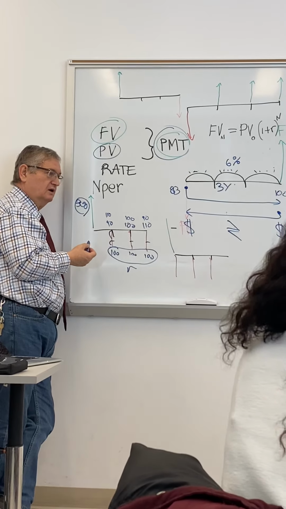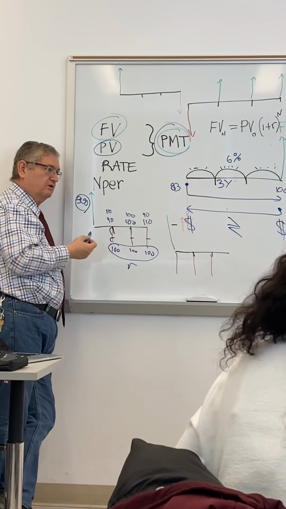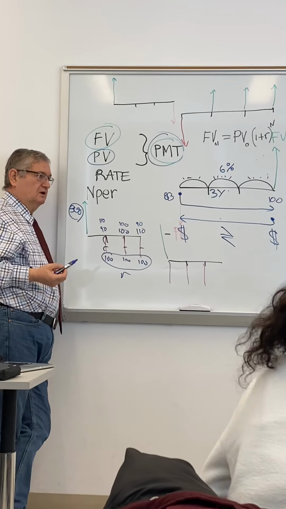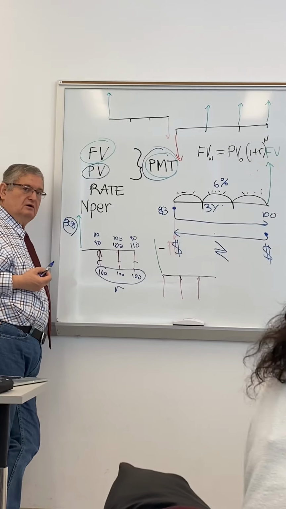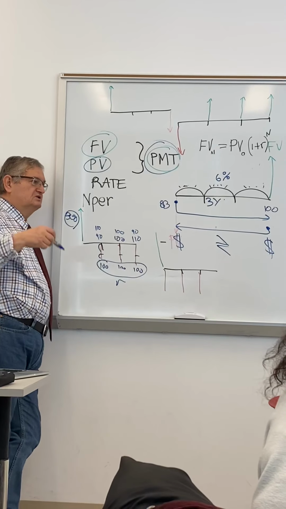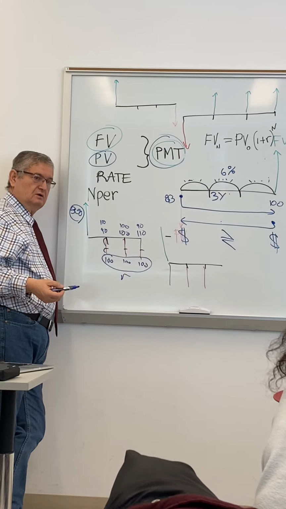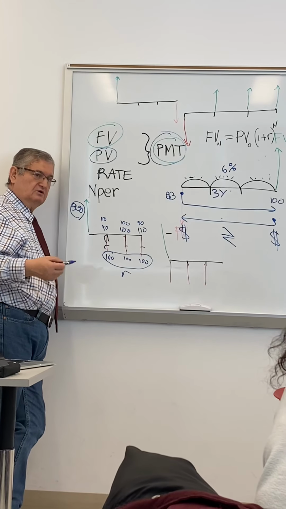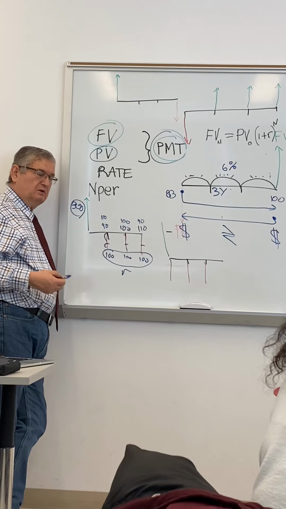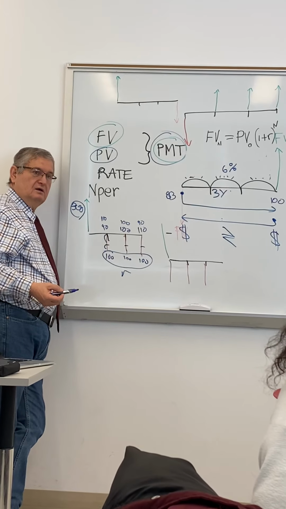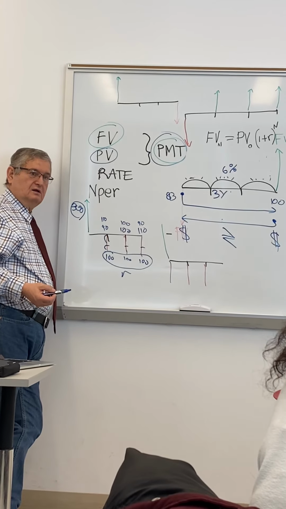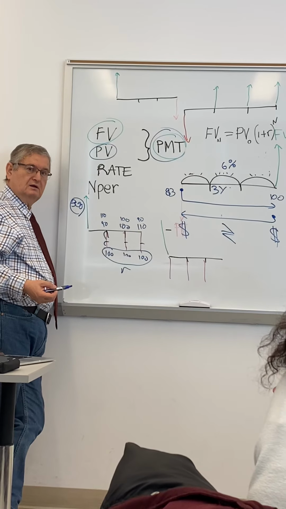If Nadia gets a loan from me, I don't charge her. If Nadia gets a loan from Jaylene, Jaylene is charging her, because Jaylene is in business to give loans. If her daughter borrows money from Nadia, what is happening?